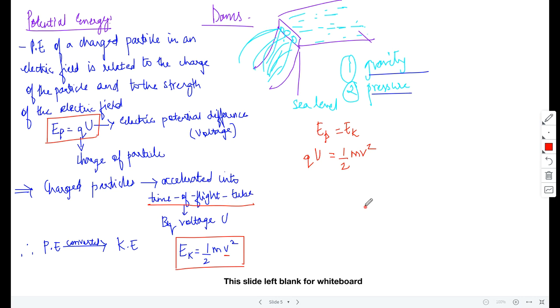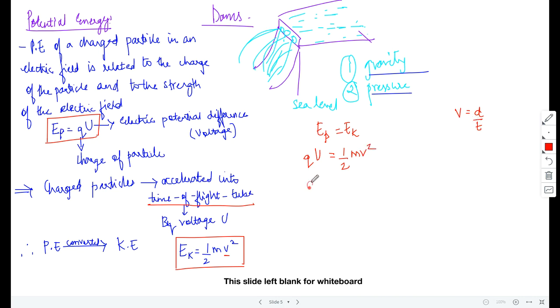So now what is happening here? We have to convert this into a time measurement. So velocity, we can put as d by t, that is distance upon time. Velocity is distance upon time. Now what we are going to do is put the value of v from here.